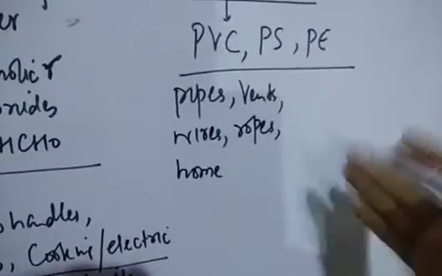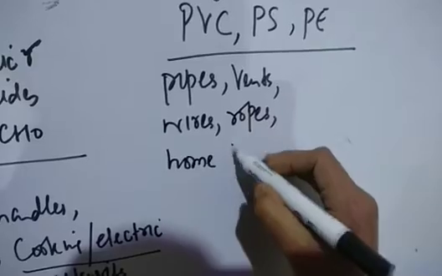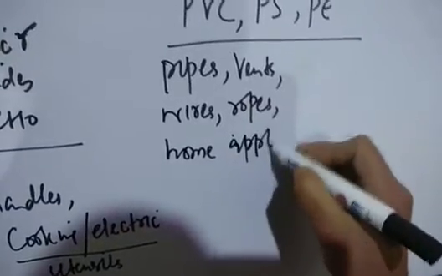Most of the appliances which we see in our homes, which we use in our homes, are products which are processed through the extrusion method.